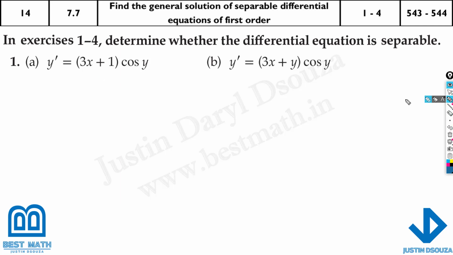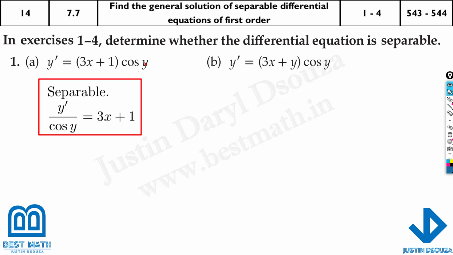And now looking at this, you can easily tell this is separable. Why? Because you can take cosine y to the other side and it'll be secant y, and you can solve it. As long as you can group them, y's together and x together, that's fine.